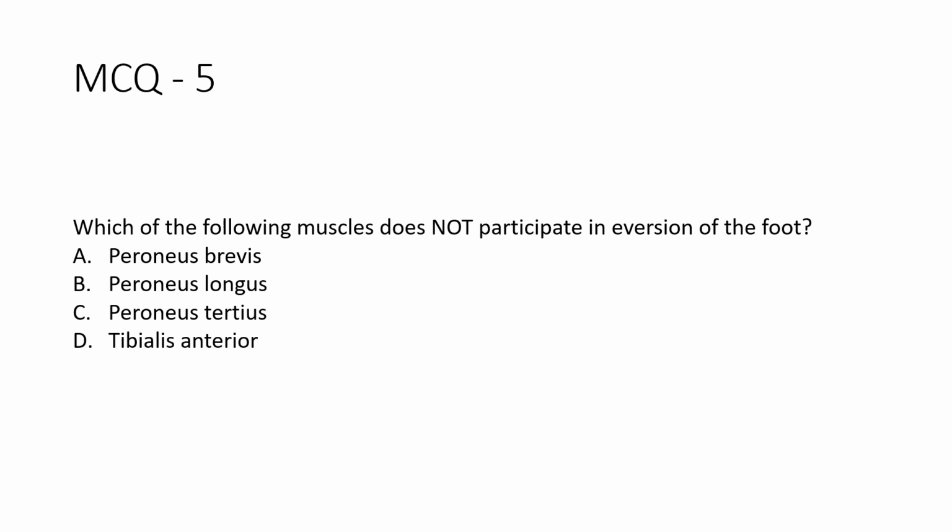All those with the letter E as the second letter are concerned with eversion. The fourth one, tibialis anterior, is concerned with inversion. So that is the right answer. Hope you have understood about the movements of inversion and eversion of the foot, the muscles producing them, the joints responsible, and all the events that take place in these movements.